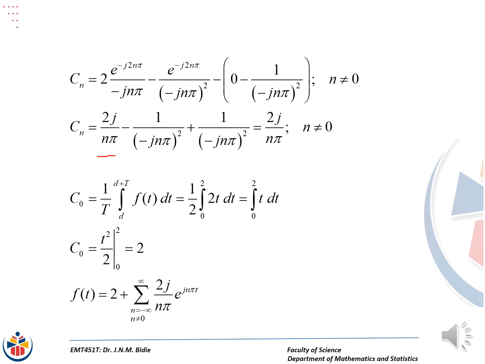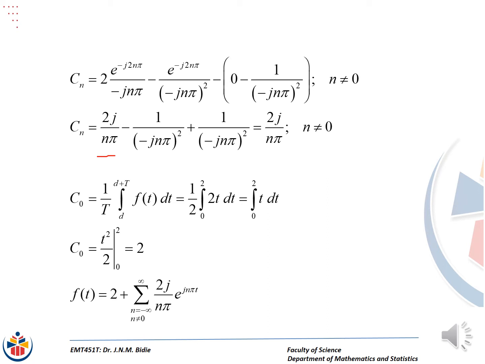So I've got 2j over n pi, because e to the power negative j n pi is 1. So we have 1 there. And 1 over negative j is equal to j. So it's 2 over n pi multiplied by j.